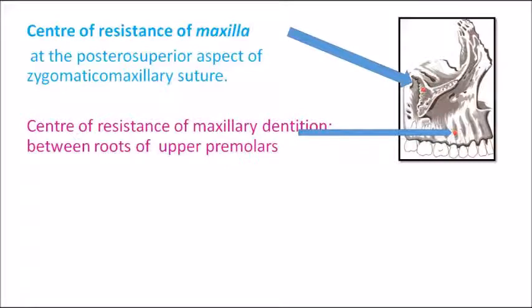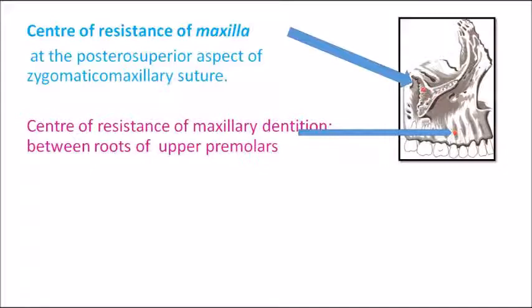Now, before we discuss the biomechanics of the headgears, you should understand two things. One is the center of resistance of the maxilla and the center of resistance of the maxillary dentition. So first we discuss about the center of resistance of the maxilla. Please look at the picture where it is marked as a red dot. Here the center of resistance of the maxilla is located in the postero-superior aspect of your zygomatico-maxillary suture.